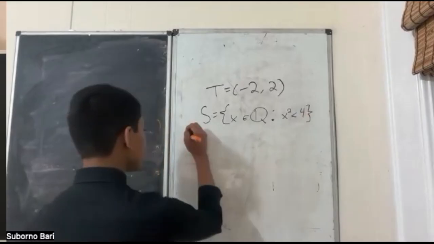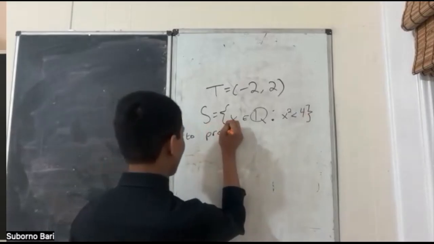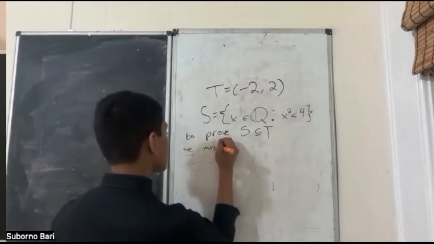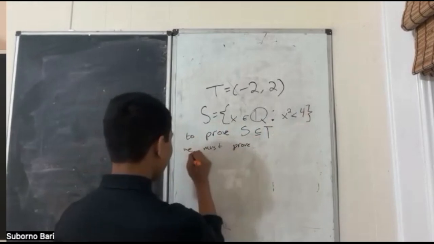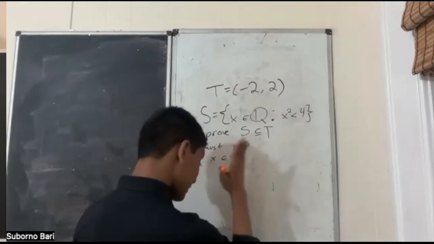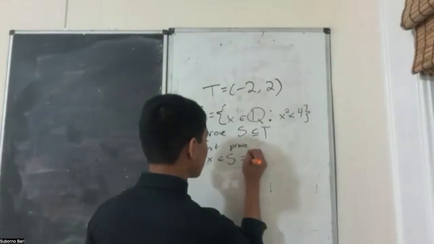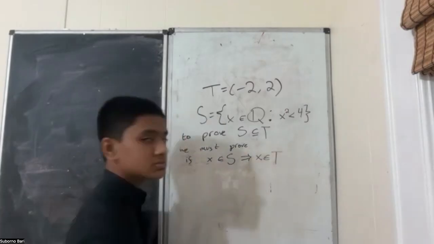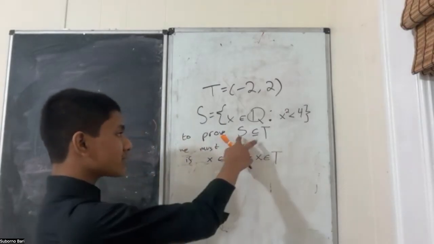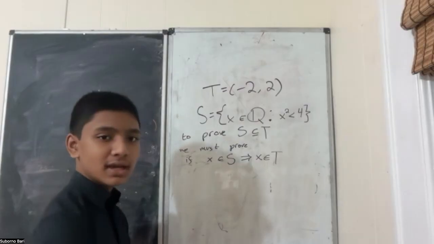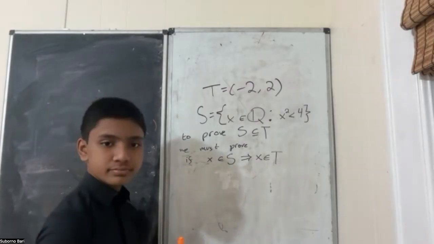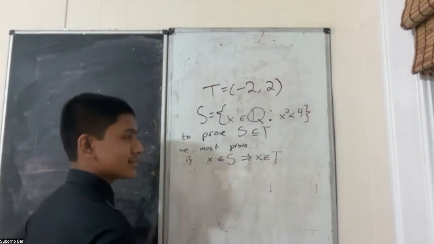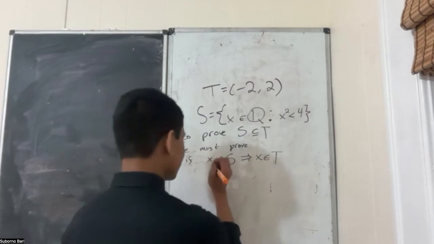Okay, so to prove S is a subset of T, we must prove that if X is an element of S, sorry, I had a verbal typo, that implies X is an element of T. You don't have to do it the other way around because that would just be proving S is equal to T, which it isn't in this case.